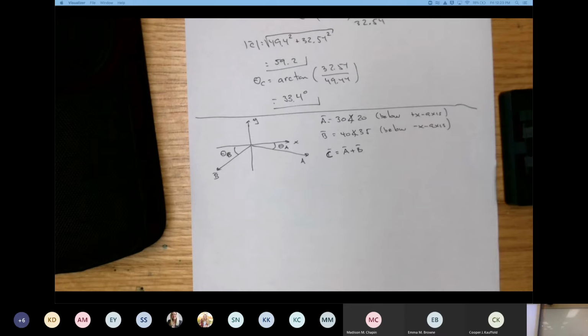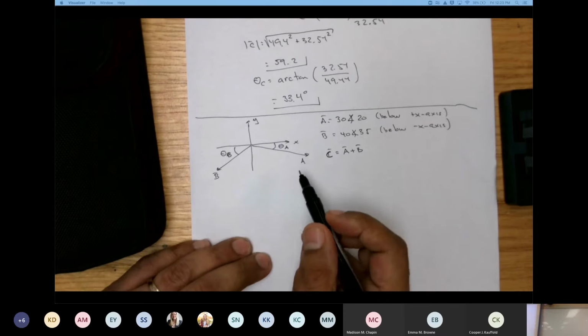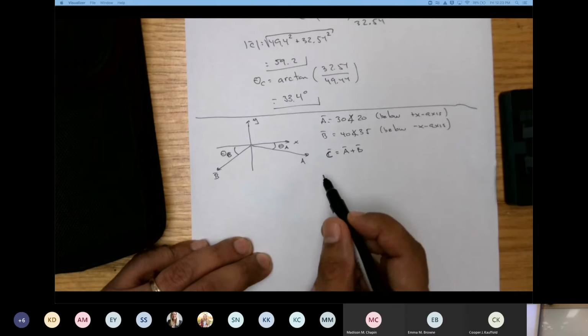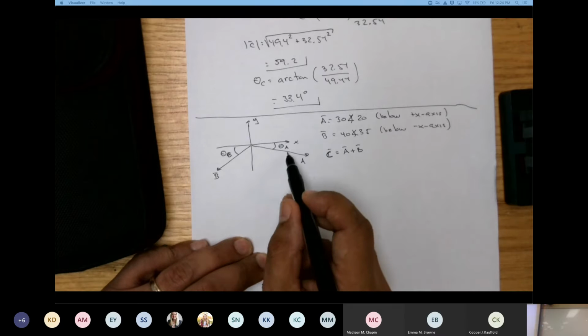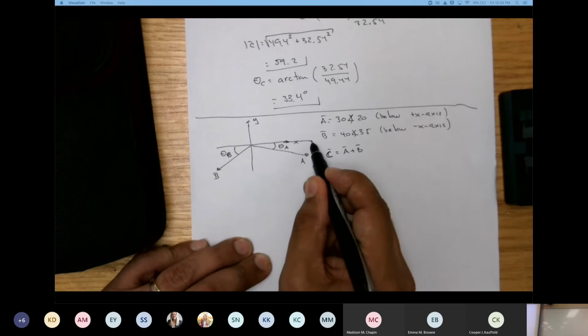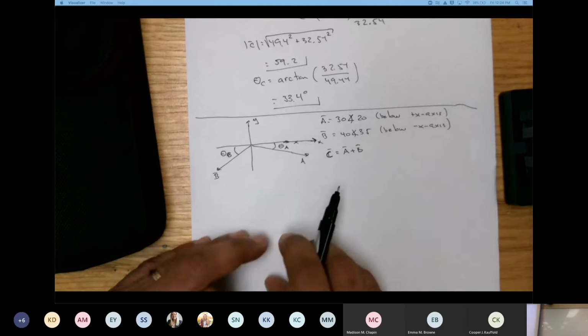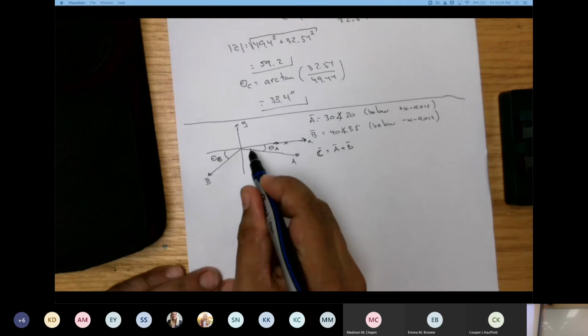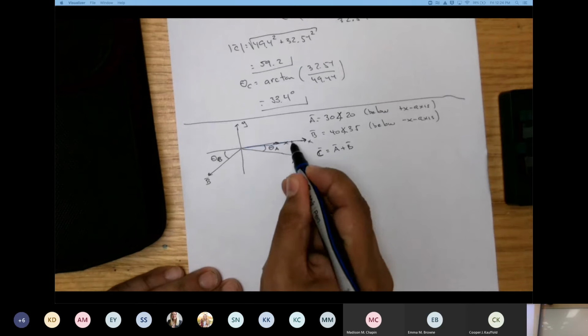Okay, some people on the chat want me to go through and calculate really quick the components. So I'm going to do the components of vector A. For vector A, I'm going to extend this axis, and I'm going to assume that what you have here is a right triangle.